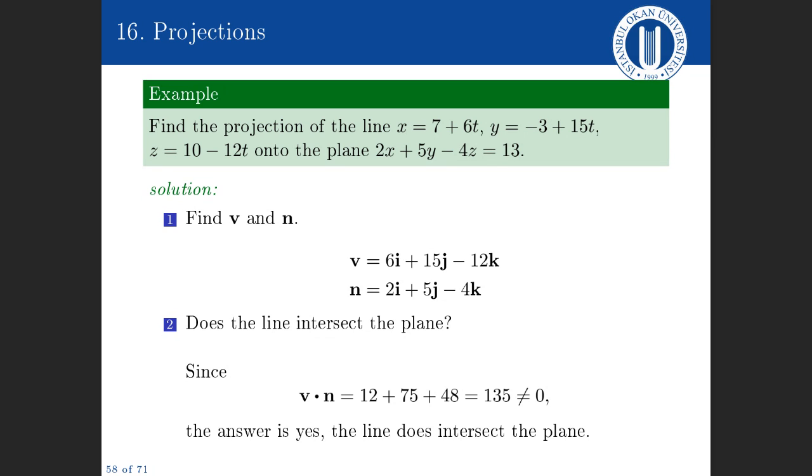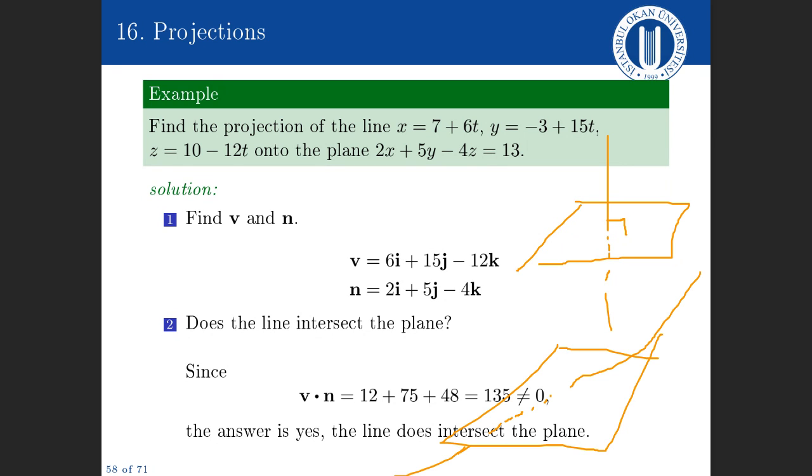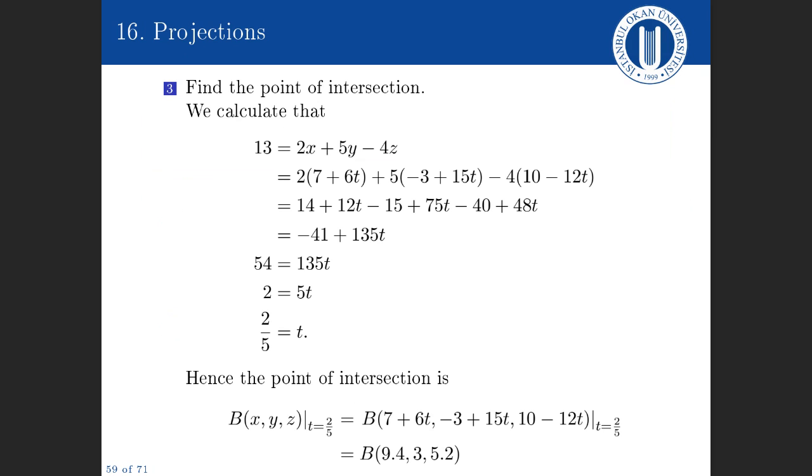So the answer is yes, the line does intersect the plane. That means the line is not parallel to the plane. So there's two possibilities. Either the line is orthogonal to the plane, or the line is not orthogonal to the plane. Which one is it? We'll come to that.